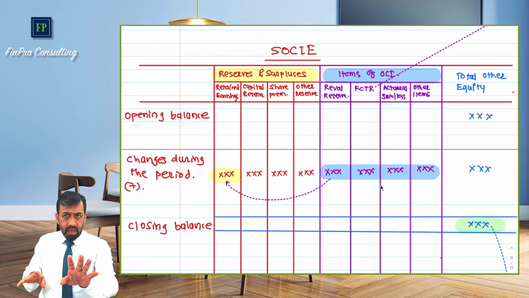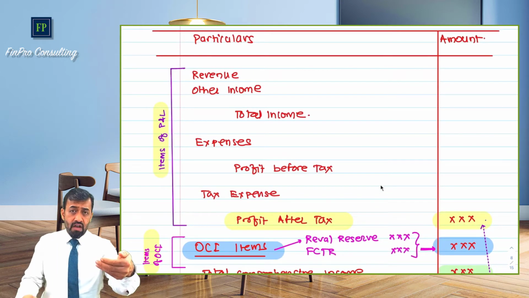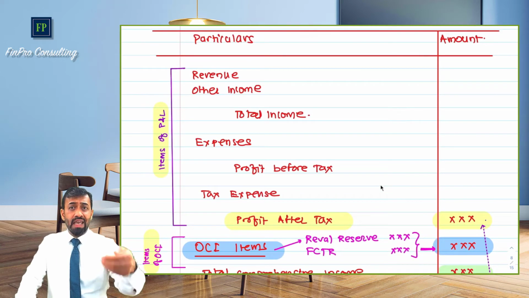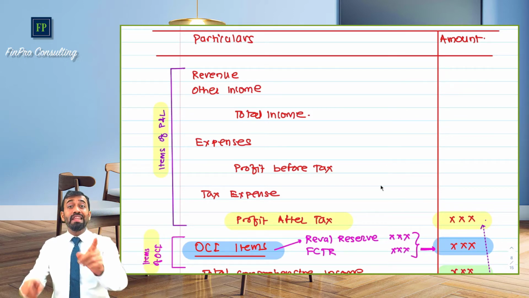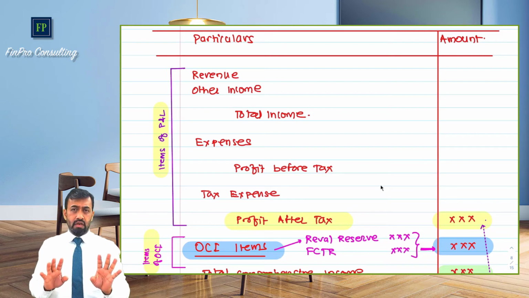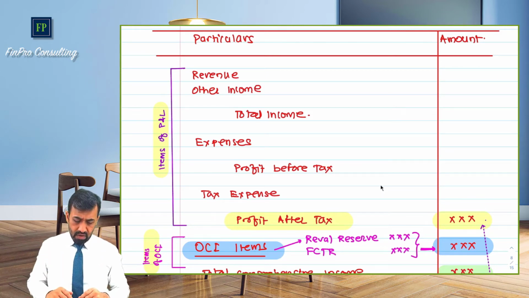Am I right? Now, the bifurcation between P&L and OCI, the basis which we have discussed, is transactional versus non-transactional. But at some point of time, there will be a transaction. Am I right? You will sell off that asset, property, plant and equipment, at some point of time.